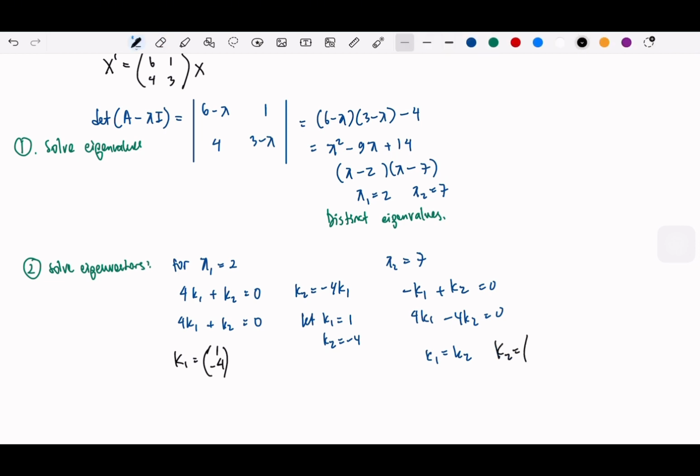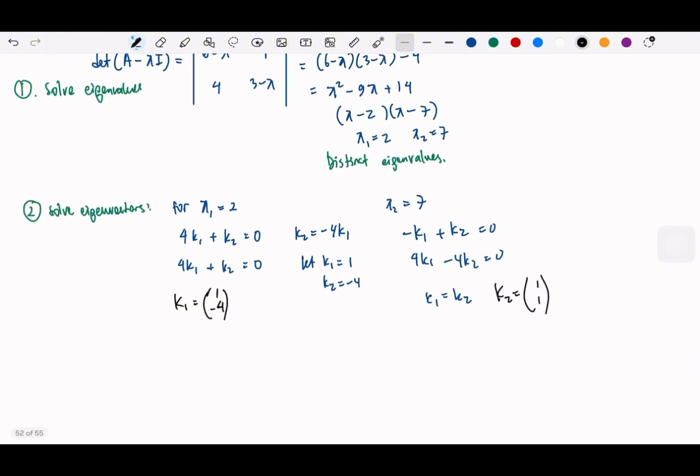So complementary function will be 1, negative 4, this is for the eigenvalue 2t. And then the second part, the eigenvector 1, 1, this will be with the 7.